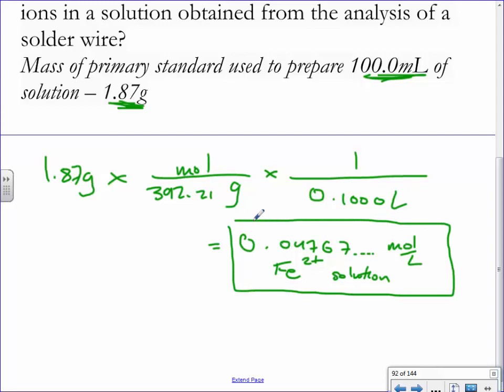Is everybody able to calculate that value that I threw up on the screen there? I want to talk about that in a second, but yeah, that's what I wrote there, Fe2+ solution.